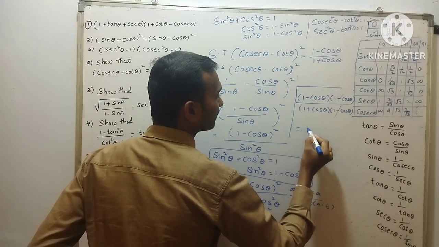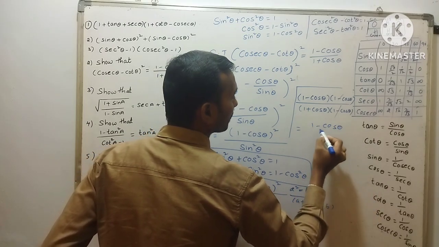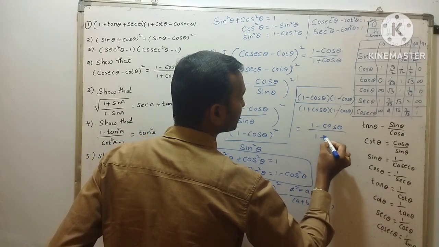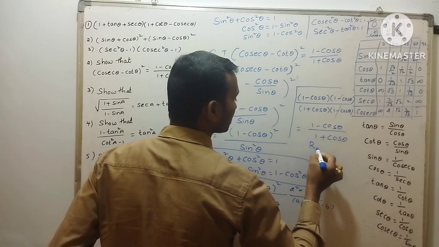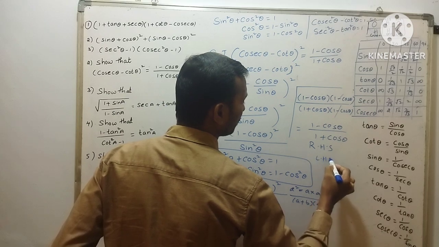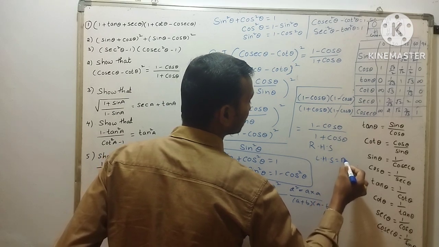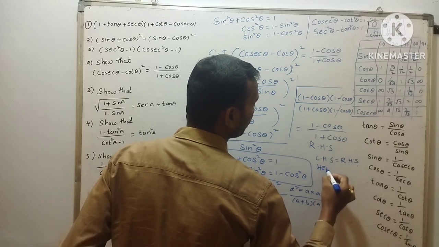So finally we are left with 1 minus cos theta by 1 plus cos theta. So this is the RHS he was asking to prove. So therefore finally we get LHS is equal to RHS, hence proved.